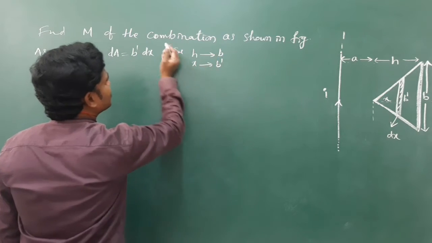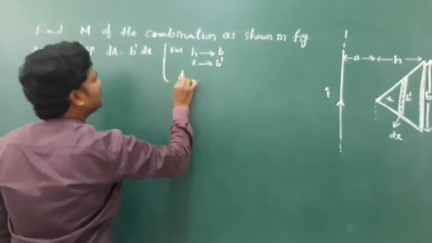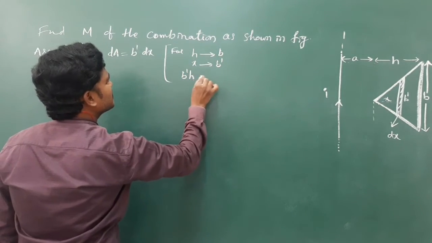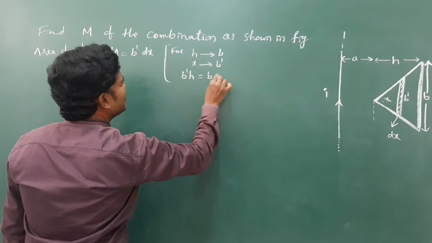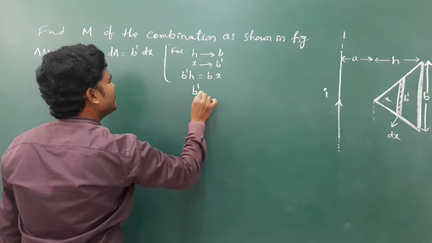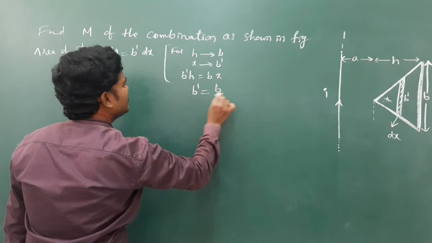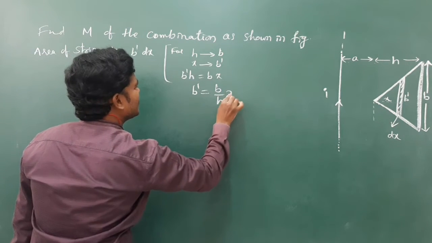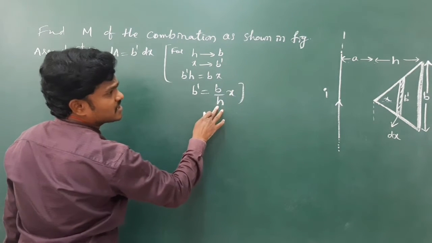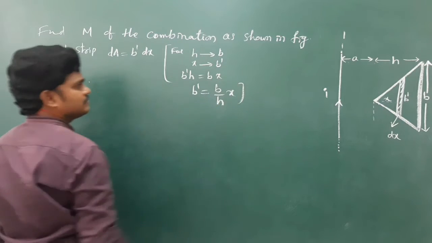Do the cross multiplication: b dash into h is equivalent to b into x, then b dash is b by h x. If I substitute h as x, then b dash is b.